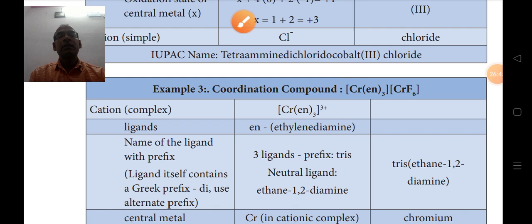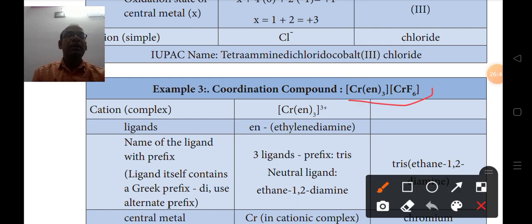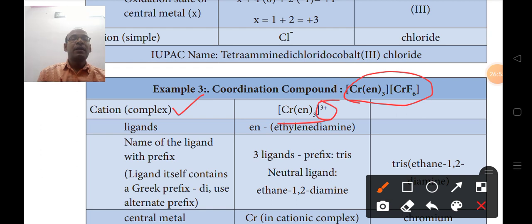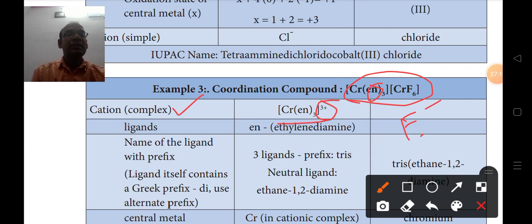Third example, a cationic complex. This plus 3 net charge on the complex ion is based on the charge of the ligands. En is a neutral ligand. F has a minus 1. Therefore, total is 6 minus. In this case, 2 ligands.